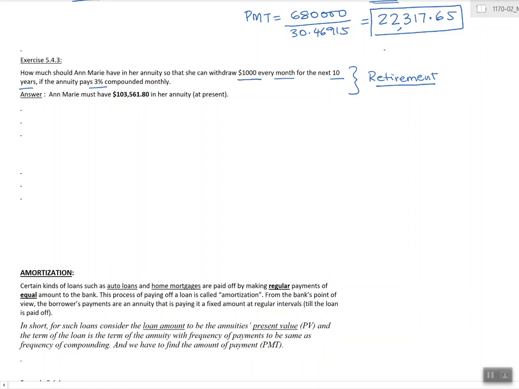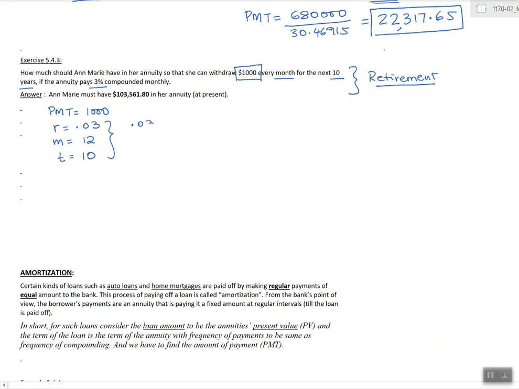Anne Marie knows that she's going to need $1,000 every month for the next 10 years, and she would like to know how much she should have in her annuity. So PMT is 1,000 because that's the payments coming out of the annuity. R is 0.03. She wants it monthly, so M is 12, and it is for 10 years.